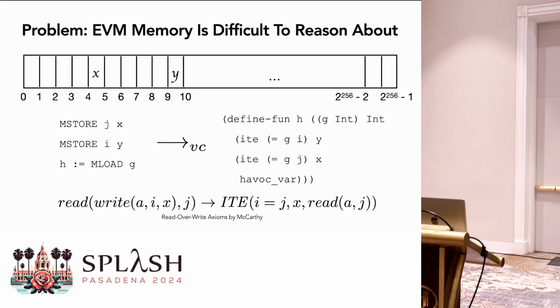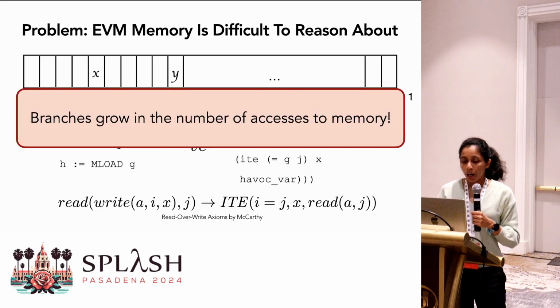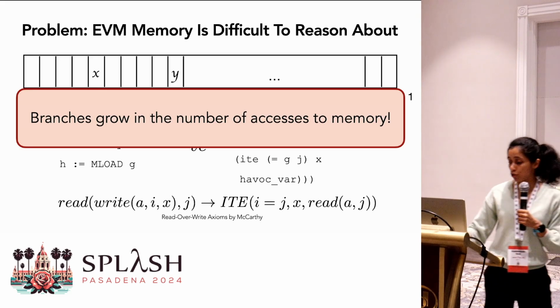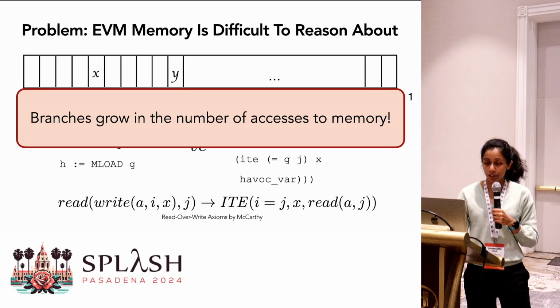So when you load the value from g, we first check if i is equal to g, then we return y. Otherwise, if it's equal to j, then we return x. Otherwise, we'll havoc. And these all follow from the read-over-write axioms. So as you can imagine, this is going to grow with the number of accesses to memory, and that's not really very good.